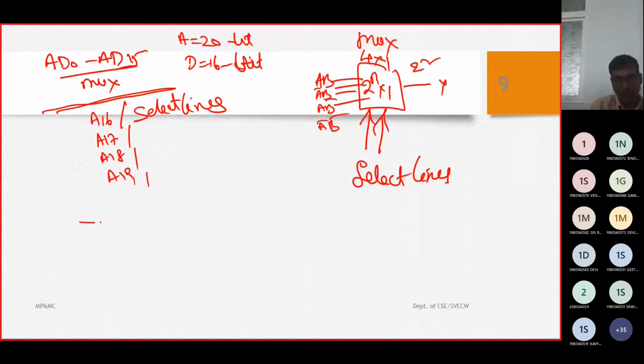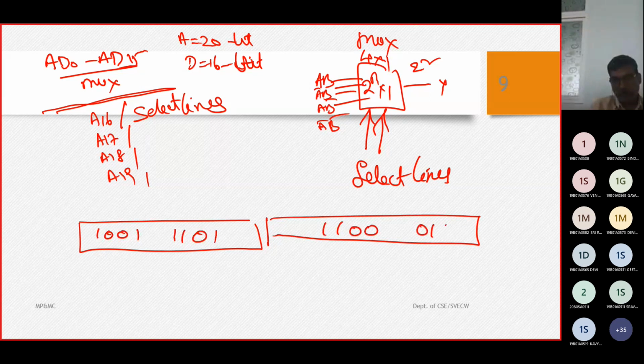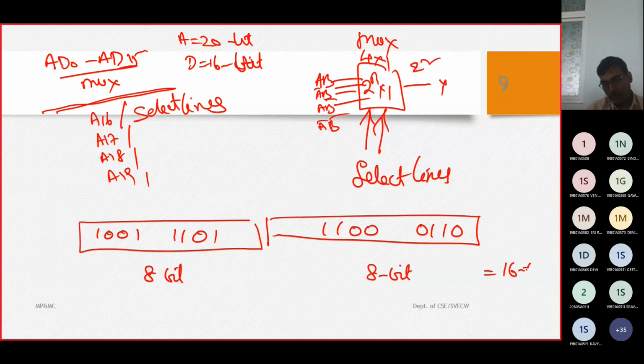Next one. Now we were mentioning 1001, 1101, 1100, 0110. Assume it is like this. So we call it 8-bit here, 8-bit there, and total 16-bit.